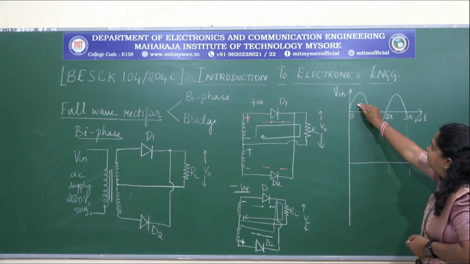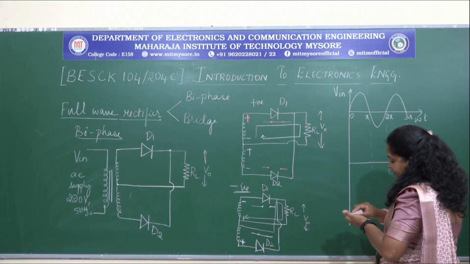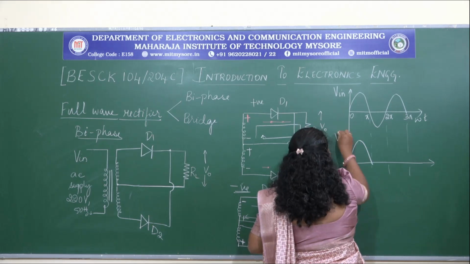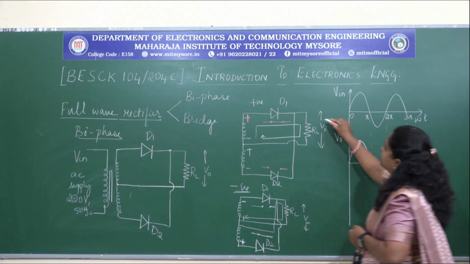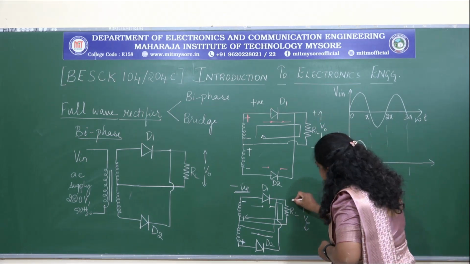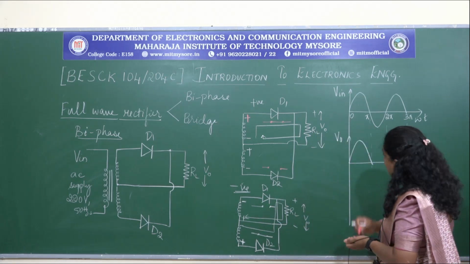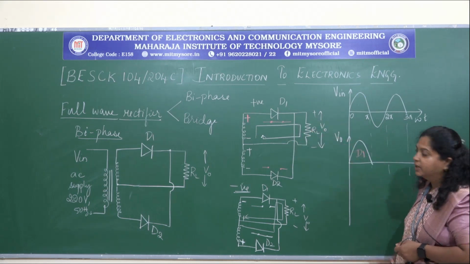During the positive half cycle, what is responsible? Diode D1 is responsible, and we are going to get the output from D1. This is the output waveform that we are speaking of. So let us say this is positive, negative, here also it is positive. Now the diode responsible for the conduction is diode D1, the upper diode.